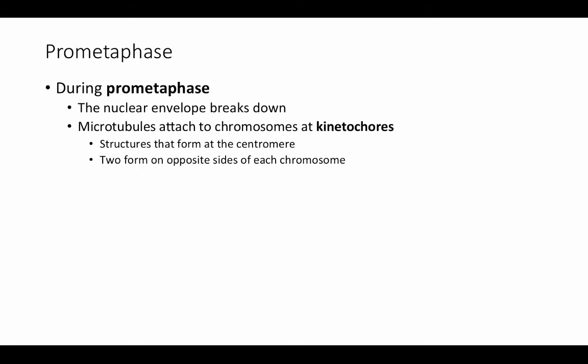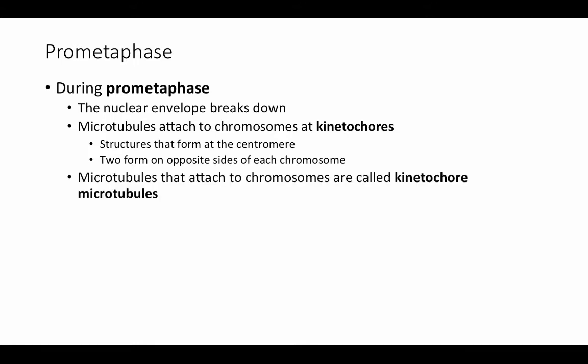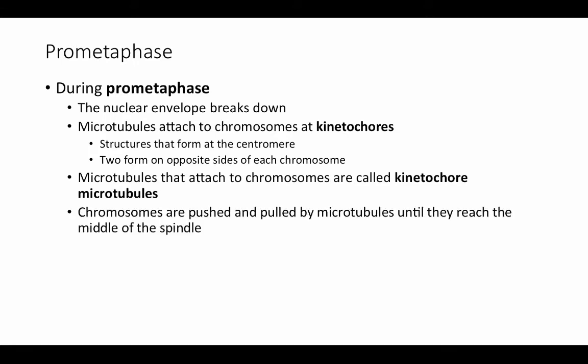They're going to form at the centromere, attached to that area on the 2 sister chromatids that are joined together by these cohesin proteins, and they're going to form on opposite sides of each chromosome, so that there's 1 kinetochore facing each pole of the mitotic spindle. Microtubules that attach to the chromosomes at these kinetochores are called kinetochore microtubules.